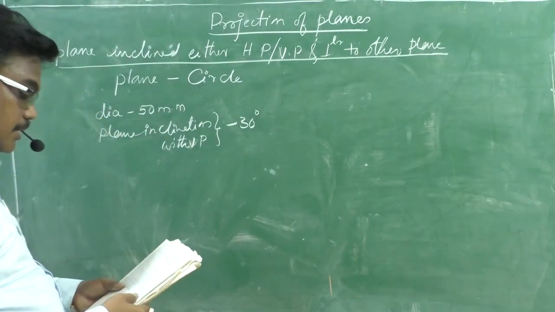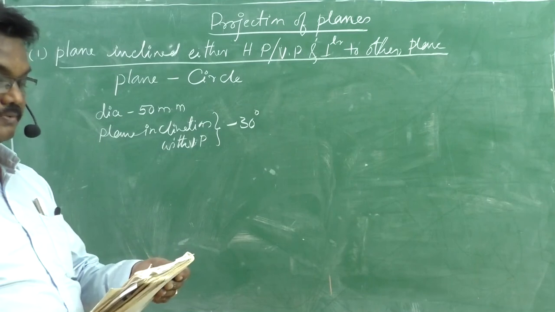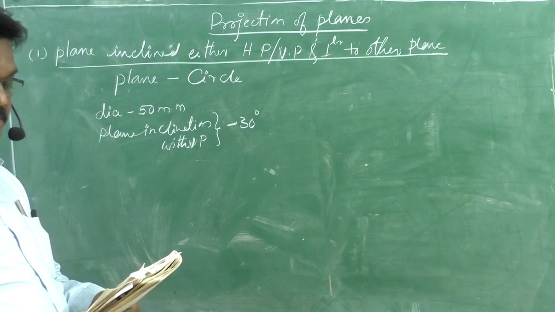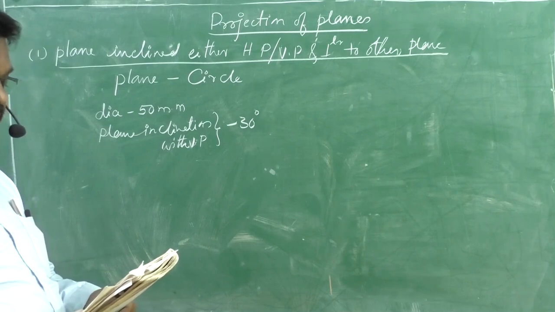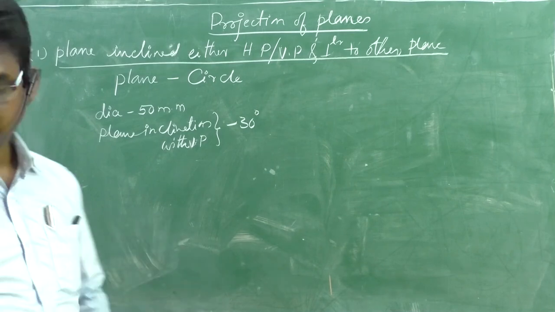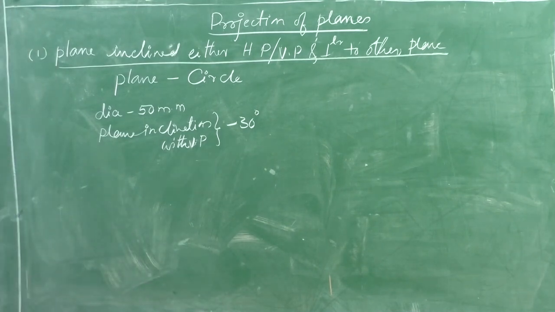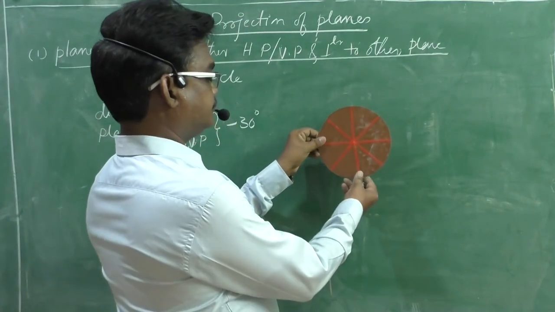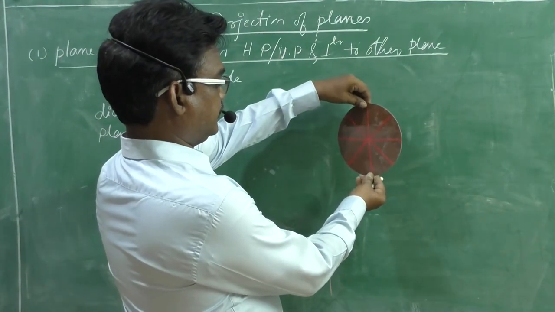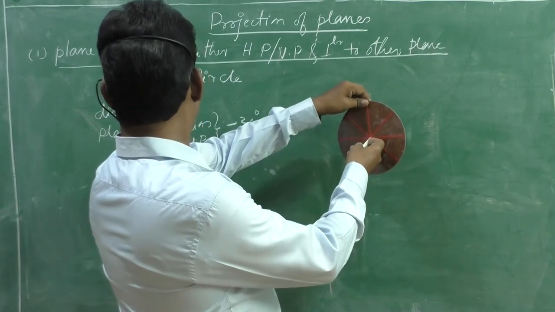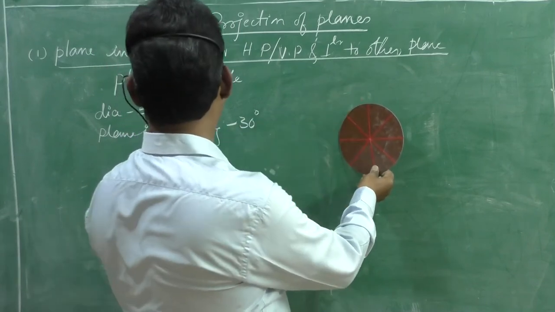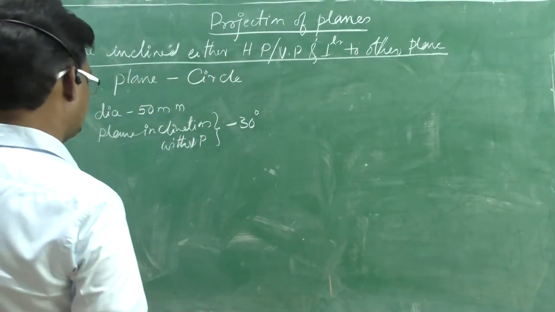Right. And the position of the center is given. That means 20 centimeters in front of VP, 30 centimeters above HP. Now the plane is like this. It is inclined, and this is the plane inclination with VP, 30 degrees, and position of the center.